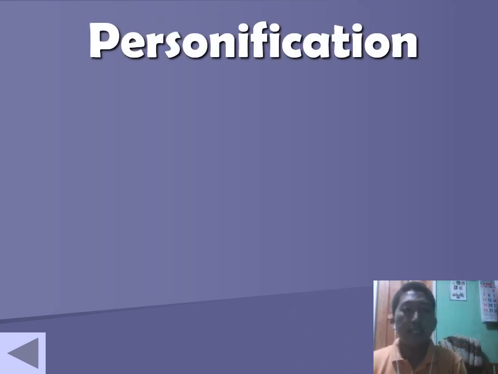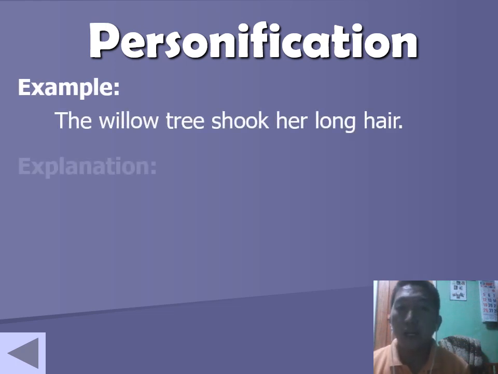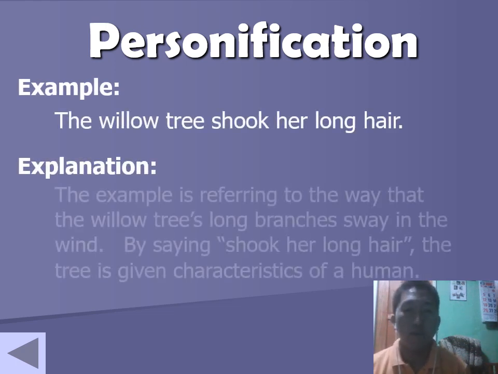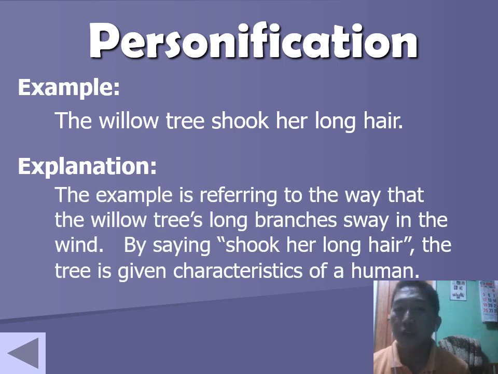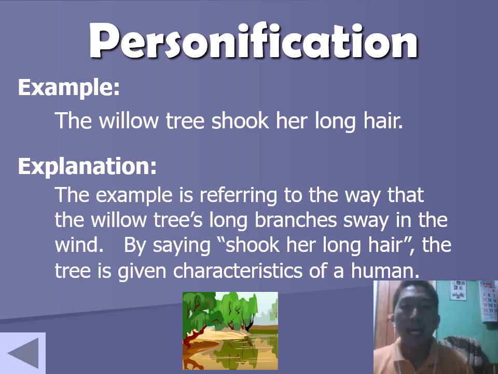Another example of personification: the willow tree shook her long hair. This example is referring to the way that the willow tree's long branches sway in the wind. By saying shook her long hair, the tree is given characteristics of a human.